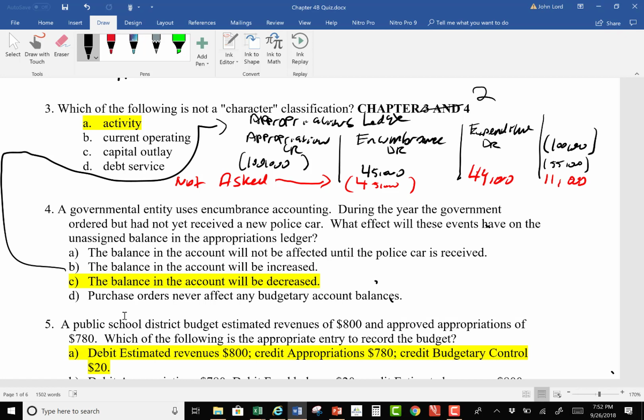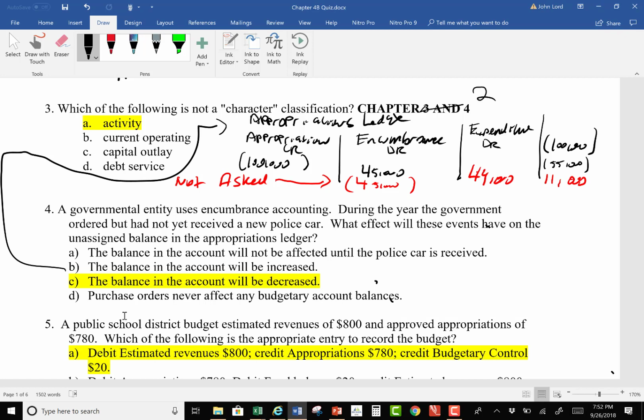We got 100,000 worth of appropriation. We ordered the stuff for 45,000. And so the balance in the appropriations ledger came down 55,000, didn't it? Because the encumbrance was a debit. Okay. So I'm just showing you that the available appropriation does come down, doesn't it?